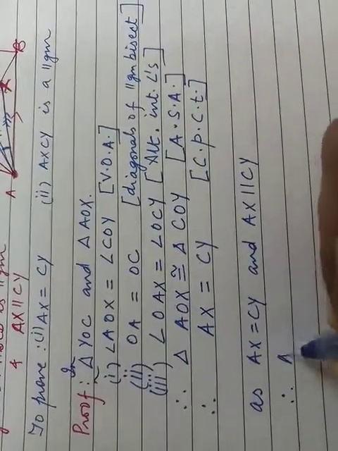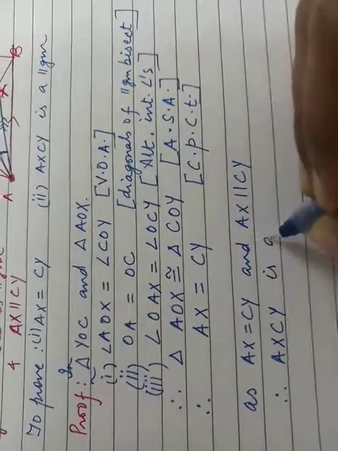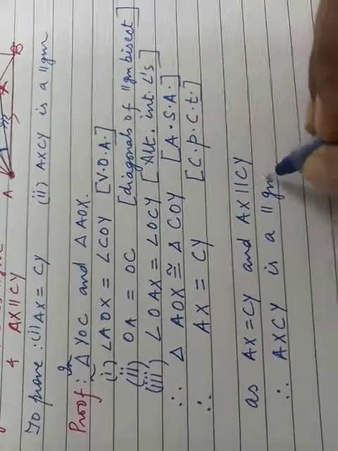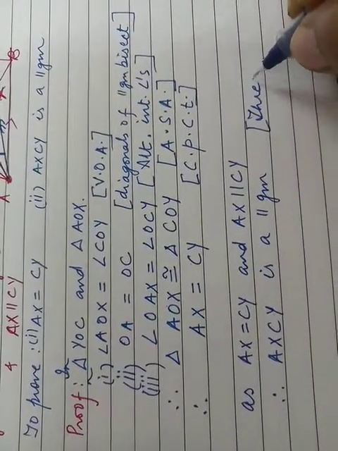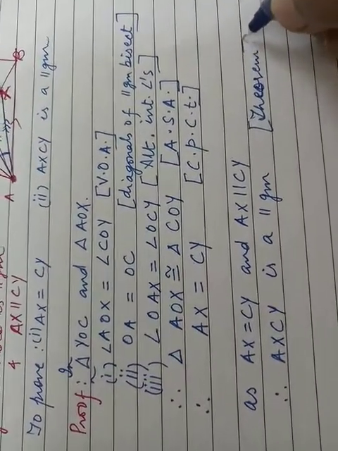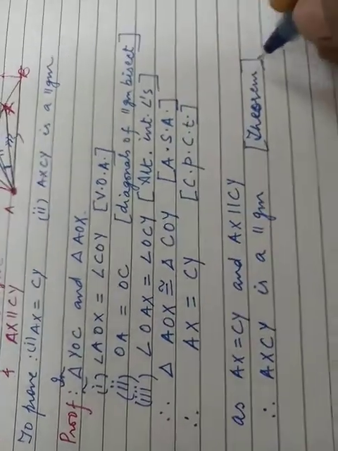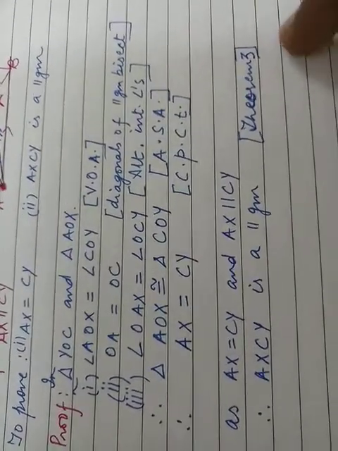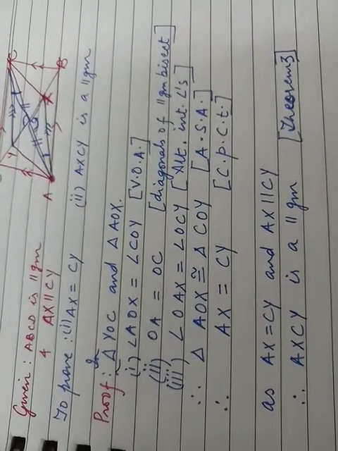Therefore, AXCY is a parallelogram. Theorem number 3. No need to write the theorem number, but theorem is there. You'd recall theorem number 3. And that is for your remembrance. So we have proved the question.